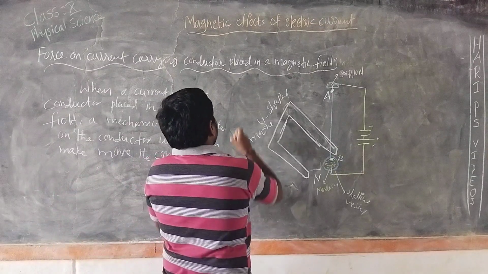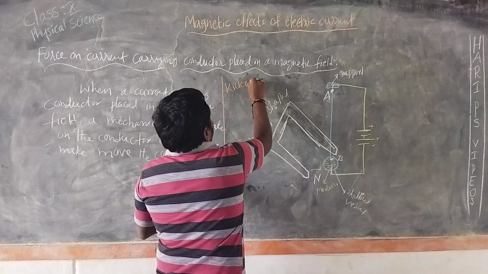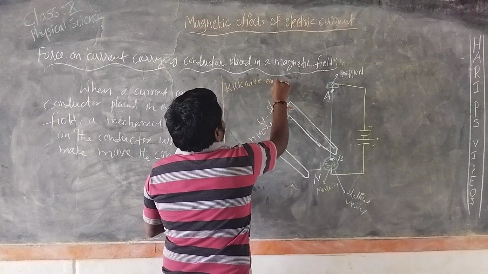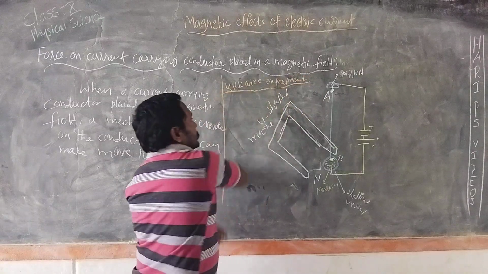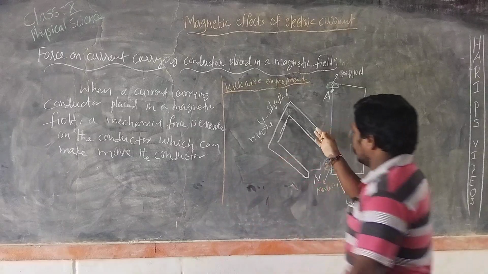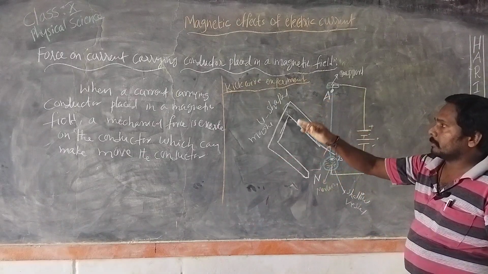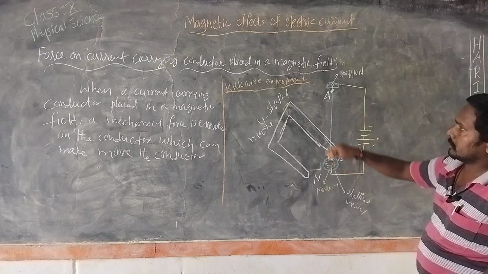This experimental setup is called the kick wire experiment. Take a U-shaped magnet, N and S, placed like this.